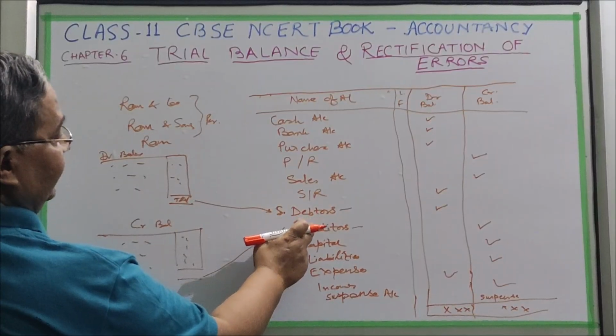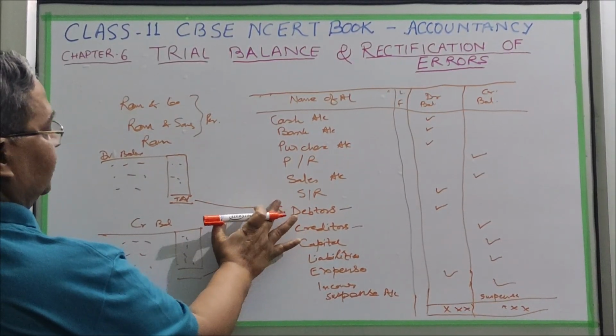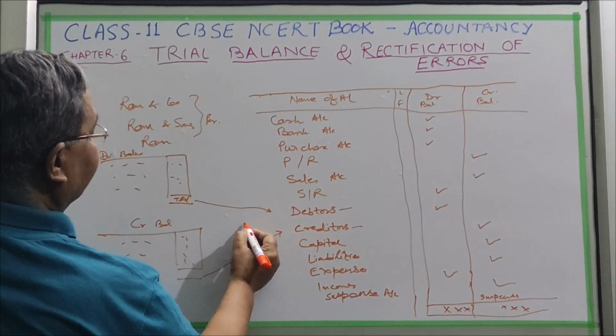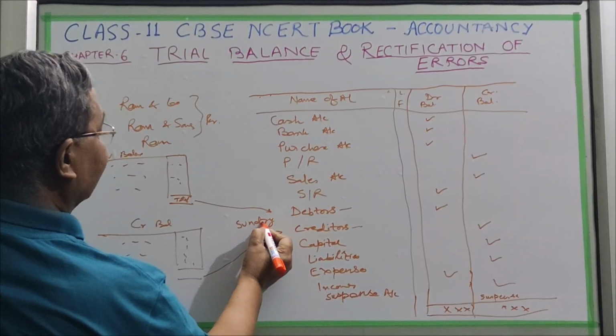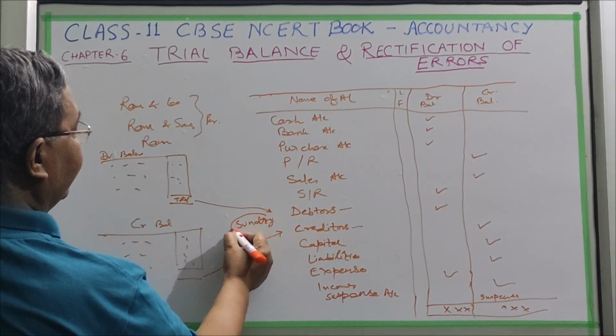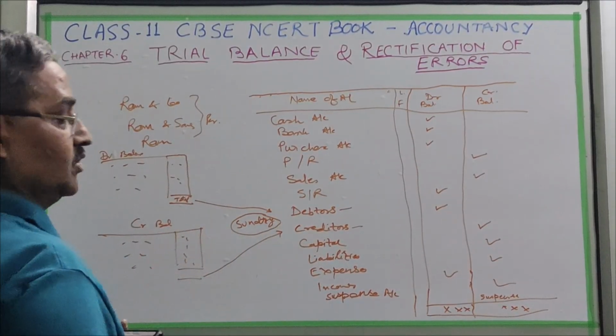So instead of writing individually, we make sundry debtors and sundry creditors, or sometimes we even do not use the word sundry. Otherwise, the word sundry, SUNDRY, is used before it. So in this way it goes on.